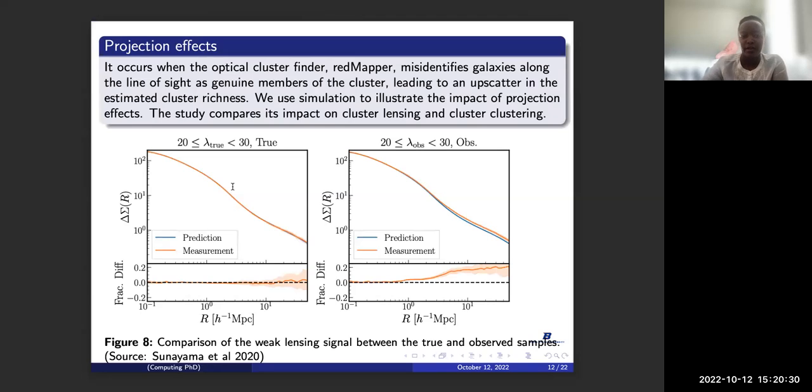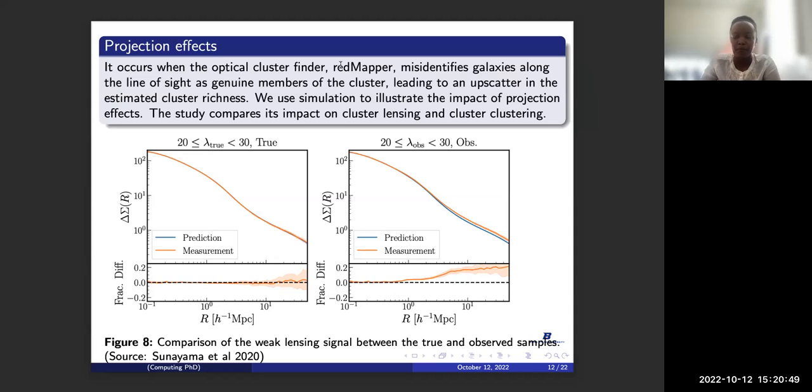So projection effects occur when the optical cluster finder, that is the redMaPPer algorithm, misidentifies galaxies along the line of sight as genuine members of the cluster. This leads to an upscatter of the estimated cluster richness.